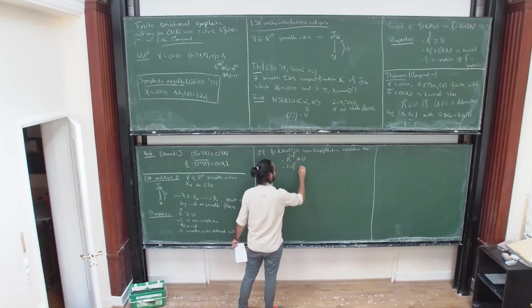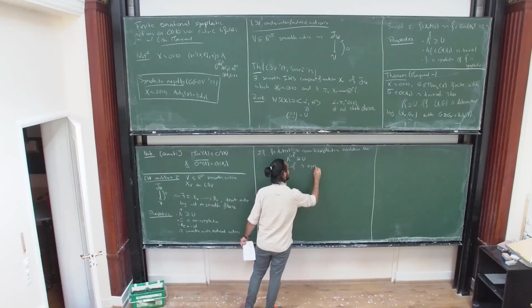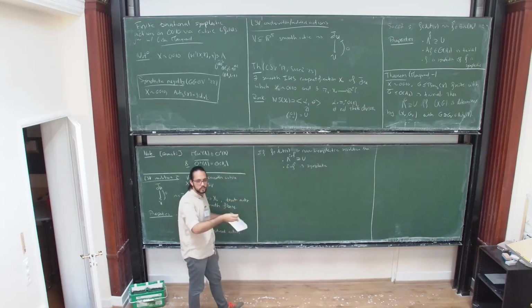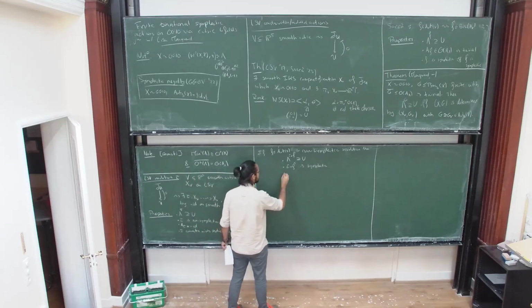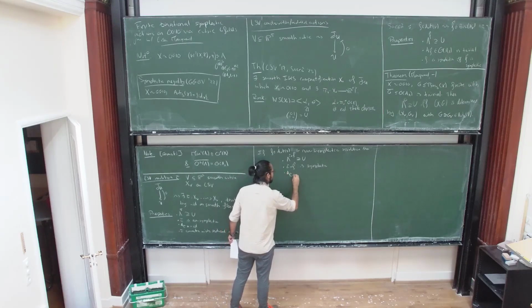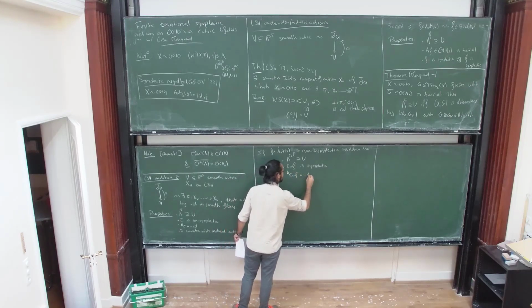Tau f hat is symplectic, right? Because they both act by -1 on the symplectic form, so the composition will act by +1. And the action on cohomology is non-trivial.